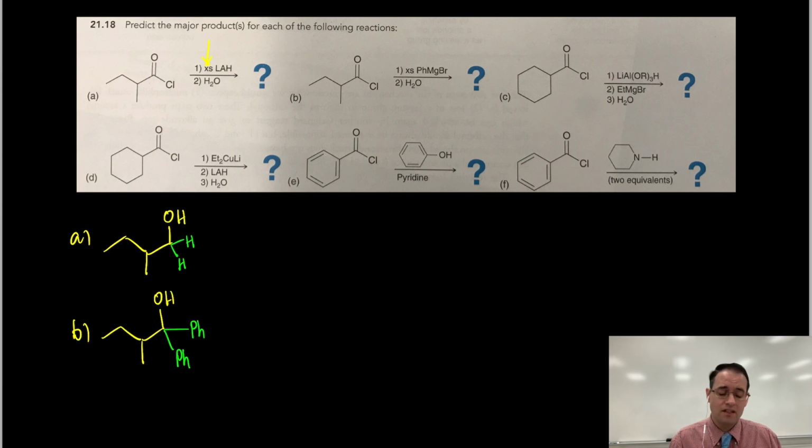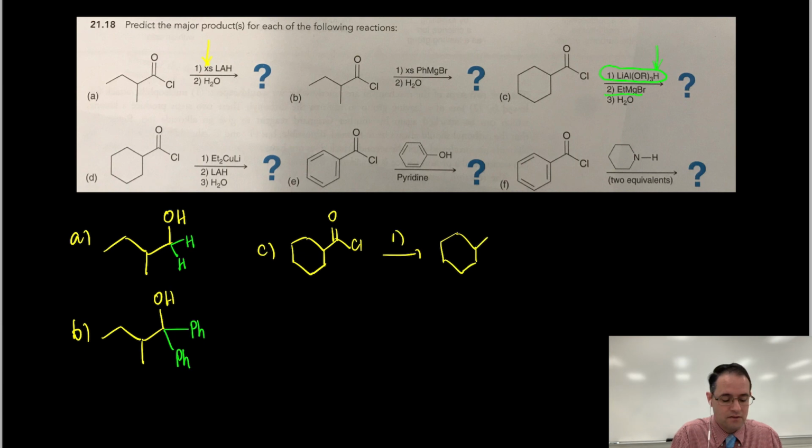In molecule C, it looks like we have some more steps going on. So what's happening with this reagent? If you look at the letters here, it has only one hydride. So it's going to make the aldehyde, and then we add ethyl magnesium bromide. You're going to make the aldehyde in step 1.